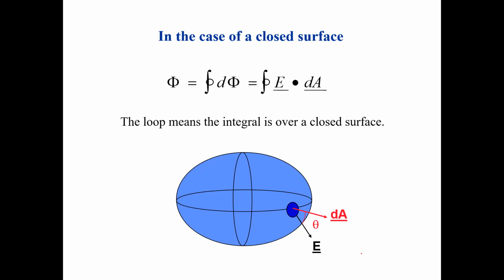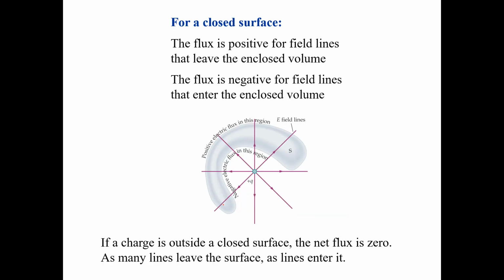Now, in the case of a closed surface, you just have to add this circle on the integral sign to indicate integrating over a closed surface. An example of a closed surface is a sphere.